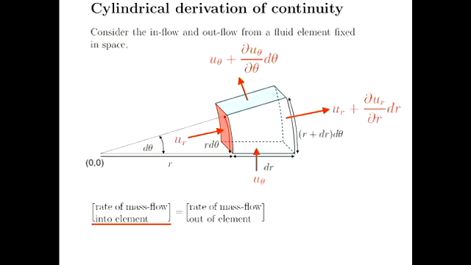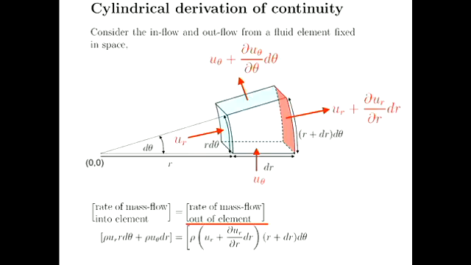So mass flux in is just going to be velocity times area of that control surface multiplied by density, okay? So we've got rho U_r r d theta flowing in through this inner surface. We've also got mass flux in at the bottom, which is going to be rho U theta dr. And then we've got mass flux out through that outer surface, which is just the velocity times the area times the density at that outer surface, which is a little bit more complicated algebraically.